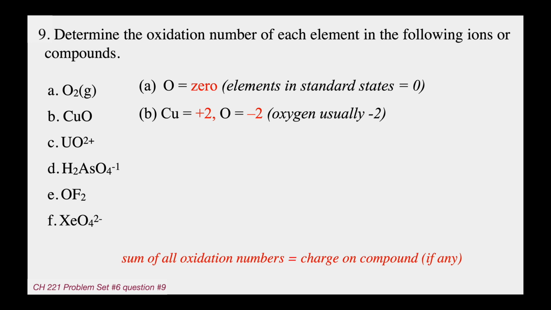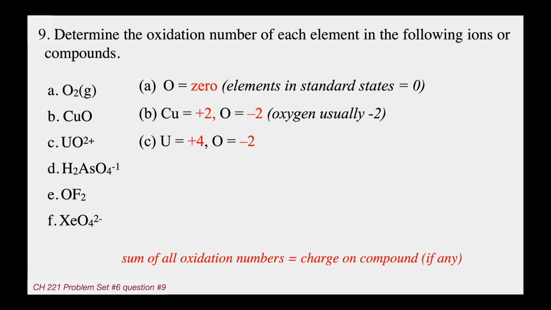So uranium plus -2 equals +2. And the only way you can make that equation work is if that's a uranium +4. So this is a uranium +4, oxygen -2. And again, note how 4 minus 2 equals the charge on this compound, +2. That's what it means.